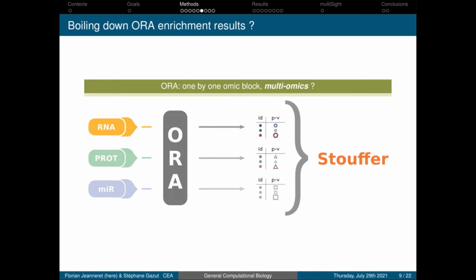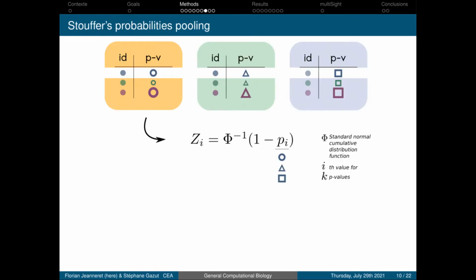So we have RNA, proteins, or microRNA, for instance, and we carry out overrepresentation analysis to merge enrichment results. So what is Stouffer's method? You have 3 tables of enrichment results, with IDs for pathways and their probabilities.